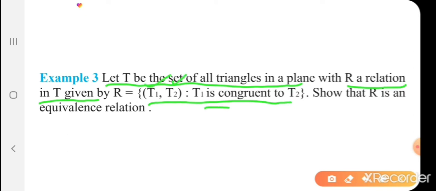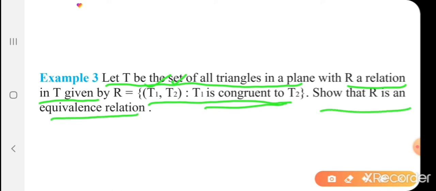What is the meaning of congruence? All sides and all angles are equal in two triangles, meaning the triangles are the same in all respects. Then you have to show R is an equivalence relation.